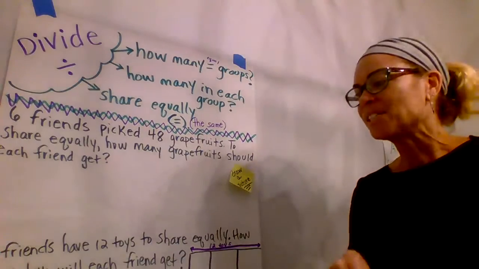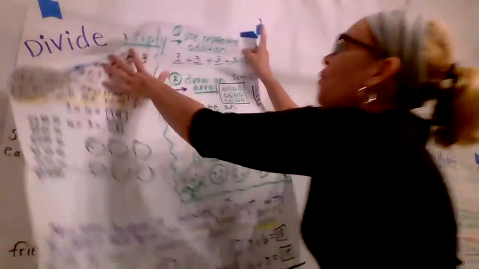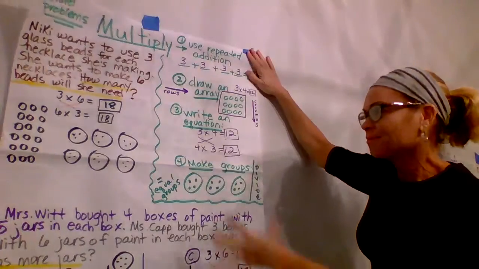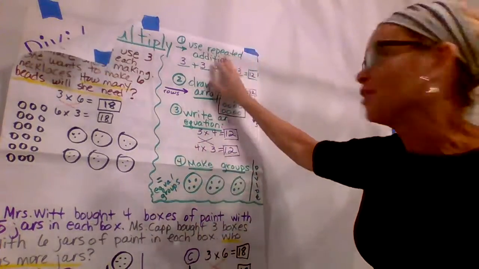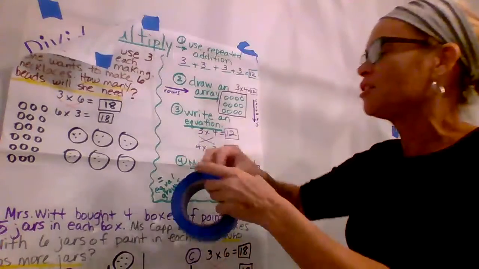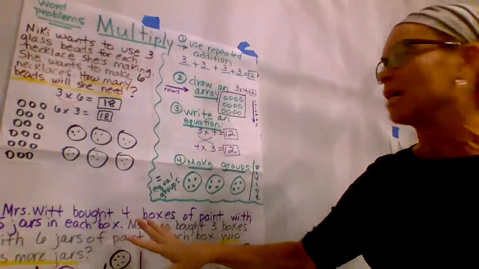Okay. Last week when we were multiplying, which we are still doing, we learned that we can make groups to model the problem. Let me show you. Last week, these were some examples that we did.